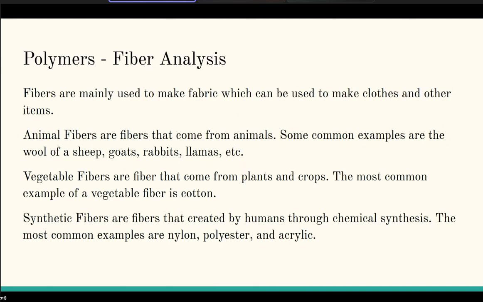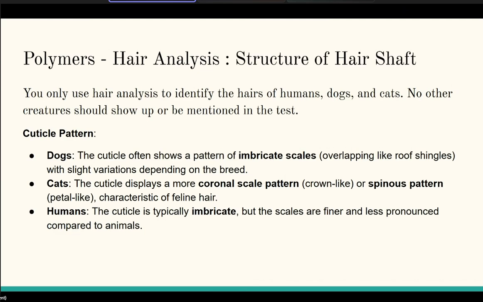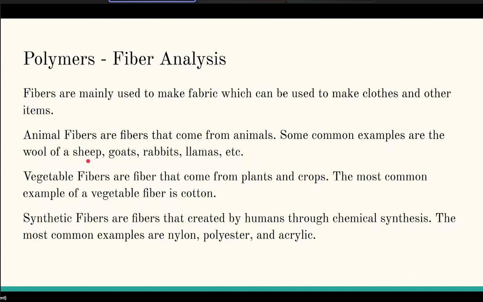These are all animal fibers, anything that can be used to make clothes or other items. When you are in the lab, you would be asked to look at the clothing or accessories that some of the suspects have, and based on the fibers and the properties of those fibers, you might be able to make a prediction. So those are animal fibers.